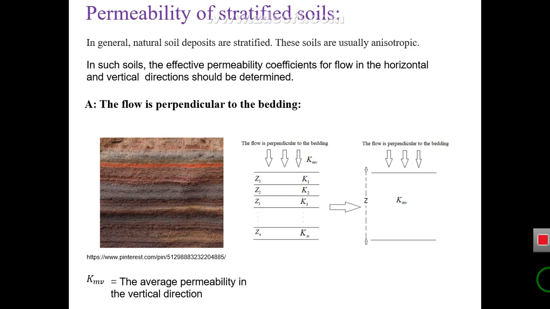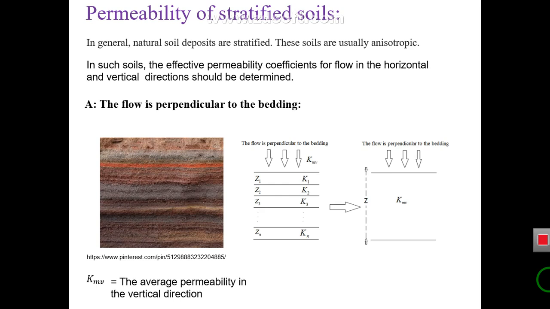In such environments, the hydraulic conductivity is different depending on whether the flow is perpendicular or parallel to the stratification. Here we explain two cases. In the first case, the water flow is perpendicular to the stratification. The second case will be discussed later.